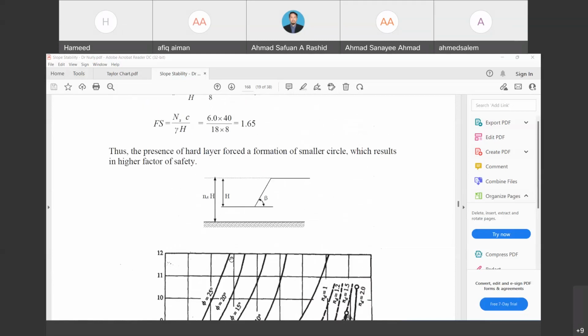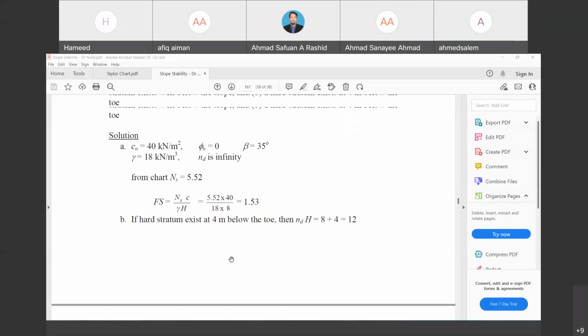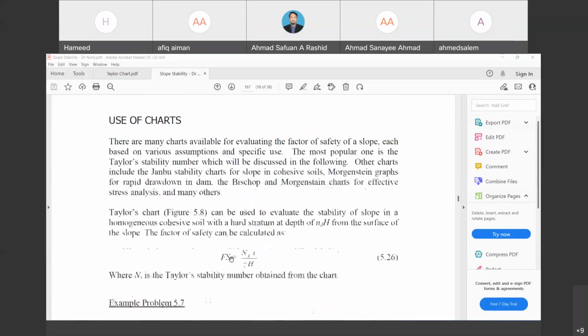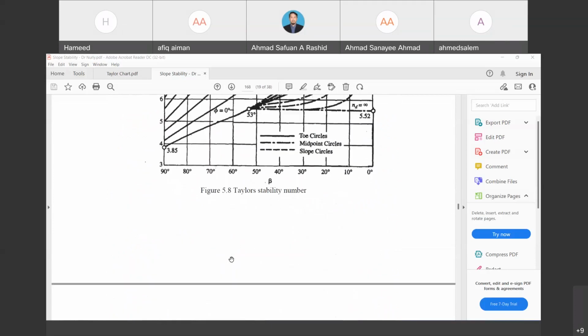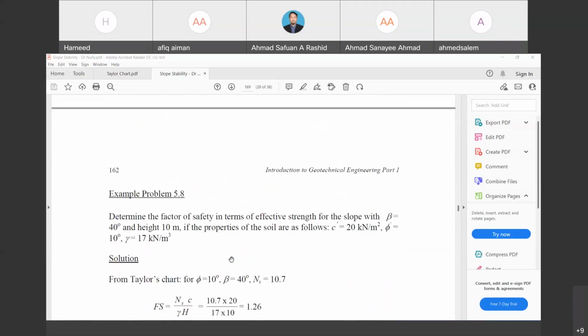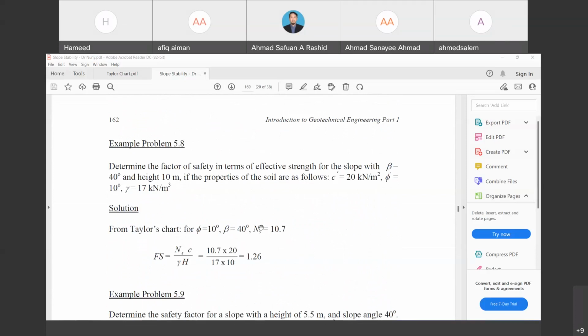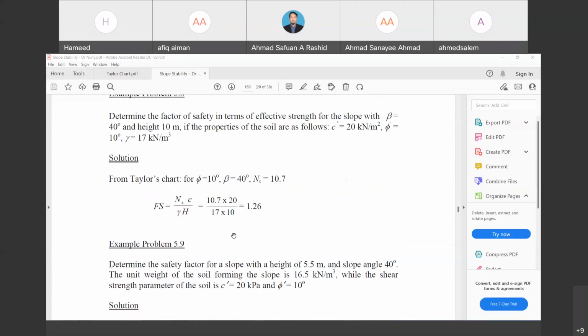While for the rest, for example number 2, for example 5.7, we need to determine the ND. For 5.8, it doesn't require us to determine the ND, because the phi is equal to 10.